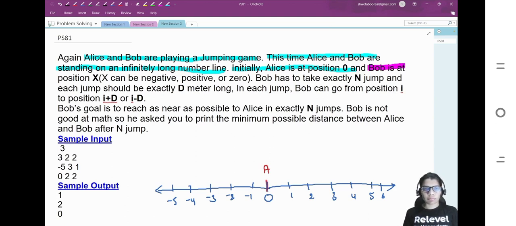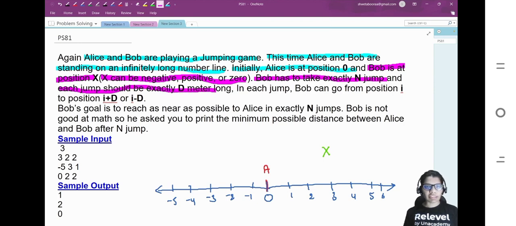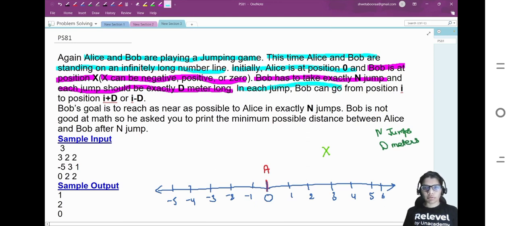After this, Bob is at position X. X can be negative, positive, or 0. So Bob is at some position X. Now Bob has to take exactly n jumps and each jump should be exactly d meters long. And one jump would be of d meters. In each jump, Bob can go from position I to position I plus d or I minus d. So for example, if x is here currently and let's say your jump is of 2 meters, the value of d is 2.